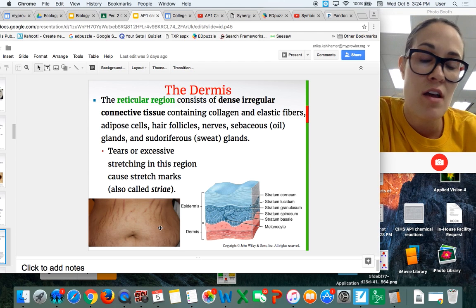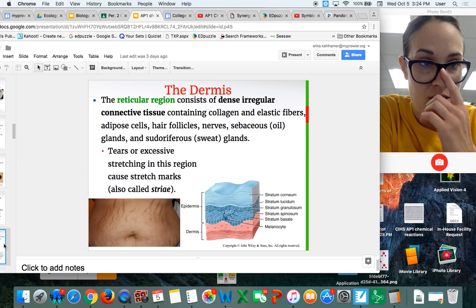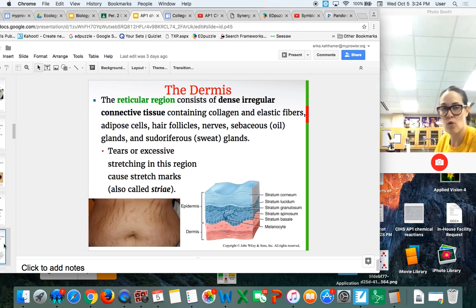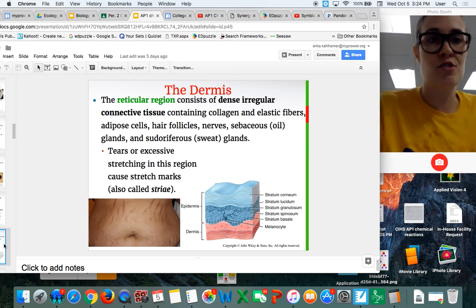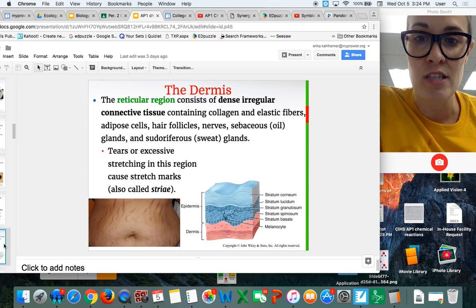Now, stretch marks are something that can never really go away. They can be caused by growing or losing size, actually mainly just growing. Growing fast in height, for example, can create stretch marks. Pregnancy can cause stretch marks.